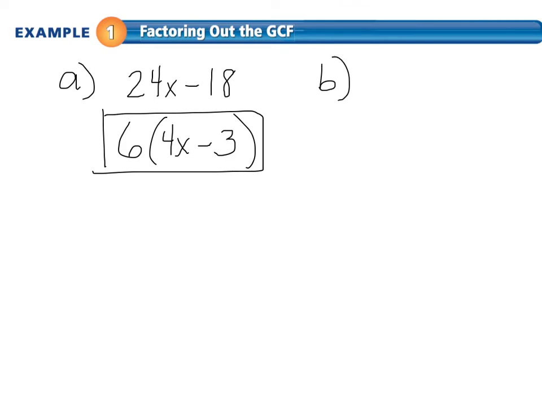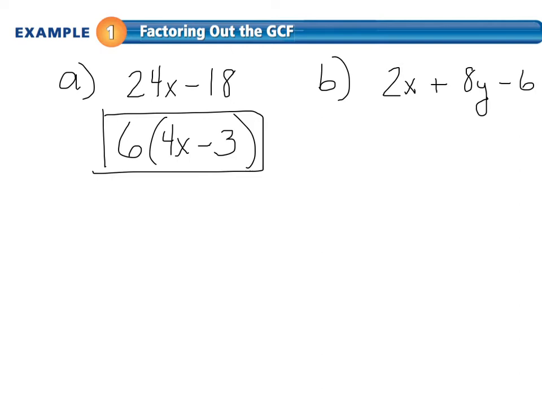Let's try another one. Let's do 2x plus 8y minus 6. Now we have three terms. What's the greatest common factor that goes into all three terms: 2x, 8y, and negative 6?